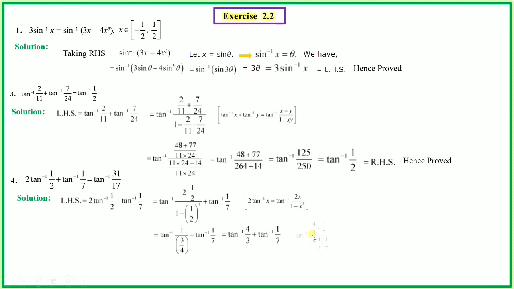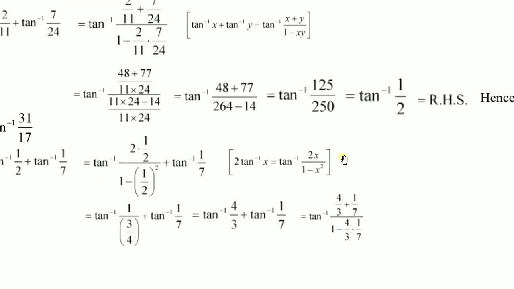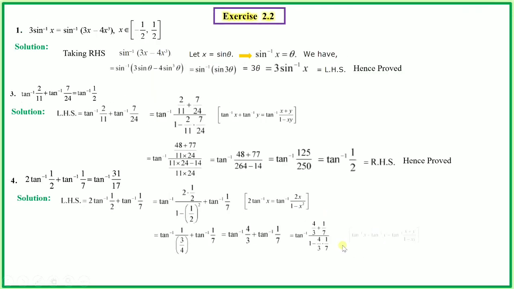Let us proceed. It is equal to tan inverse; what is x? 4 upon 3. What is y? 1 upon 7. So tan inverse of x, 4 upon 3, plus y, 1 upon 7, upon 1 minus 4 upon 3 times 1 upon 7. Now taking LCM and then solving. This is the formula, as I told you, that we have used here.